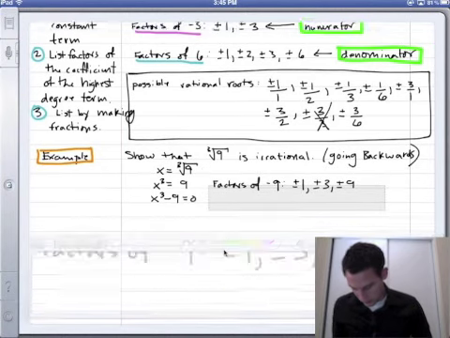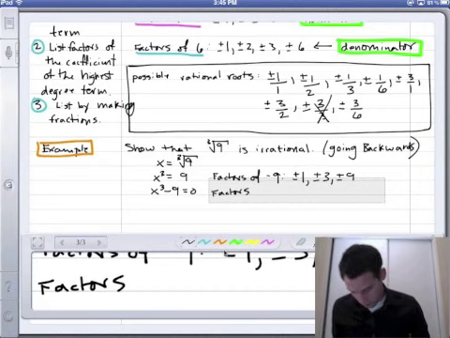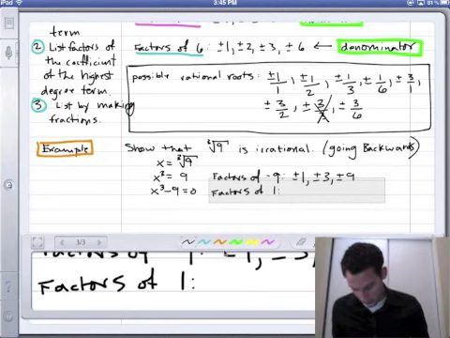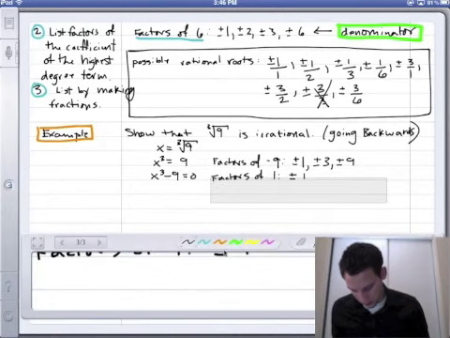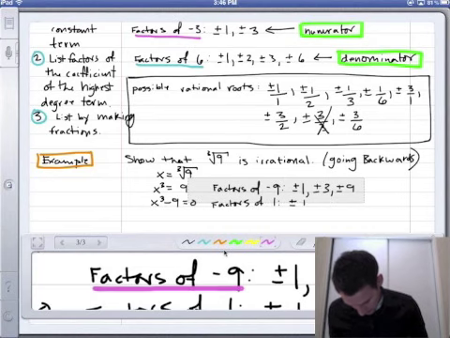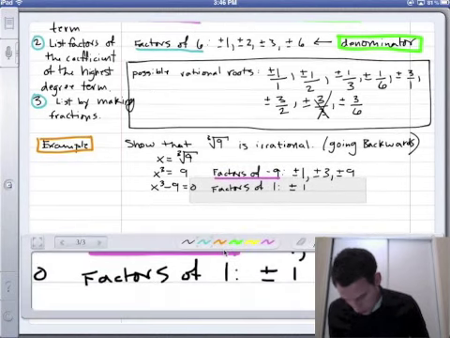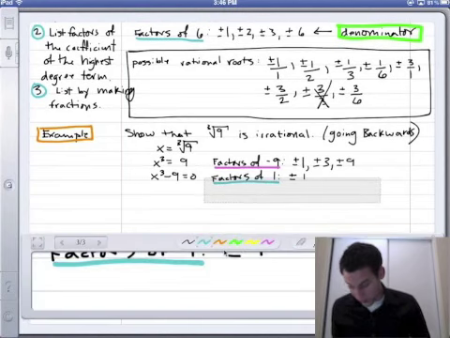And then we write down factors of 1, because that coefficient is just 1. That's plus or minus 1, and that's it. So now I can write down my possible roots. These are my numerators. This is my denominator. So possible rational roots.